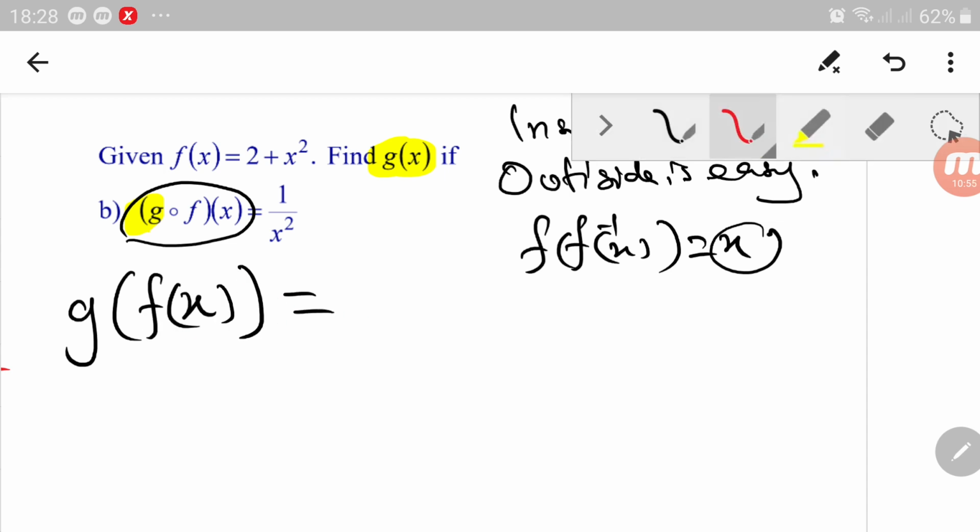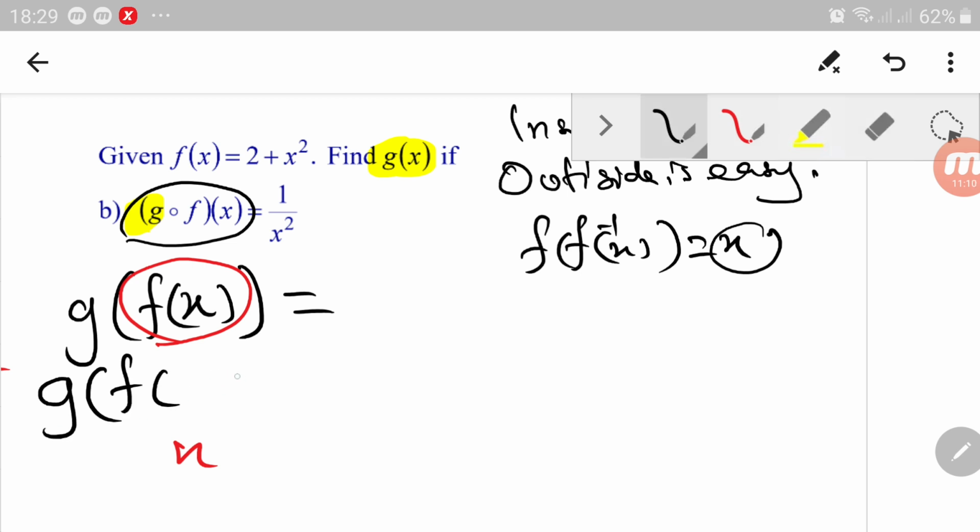Now, we want to turn this fx to become x. In order to do that, outside g, we have to insert the inverse inside the f here. Then it will become gx.